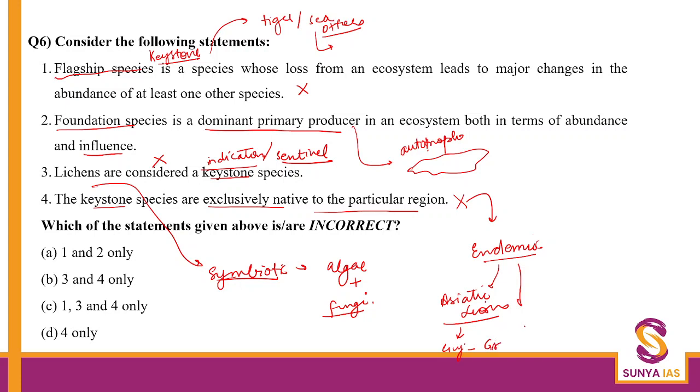Okay, so they will be endemic. Similarly, you have dancing deer, which is also known as Sangai deer, which is found in the Loktak Lake of Manipur. Again, that is going to be an endemic species. So statement 4 is also wrong. So you have to tell me which of the following is incorrect. So of course, statements 1, 3, 4 are incorrect.